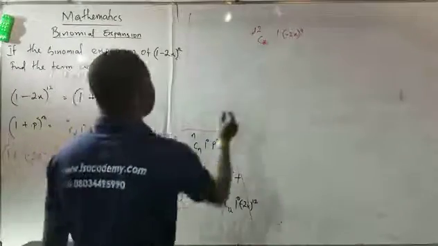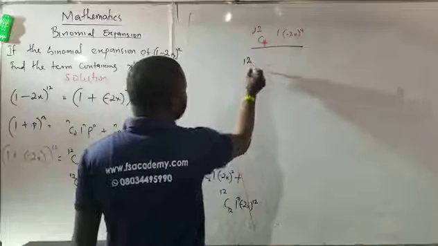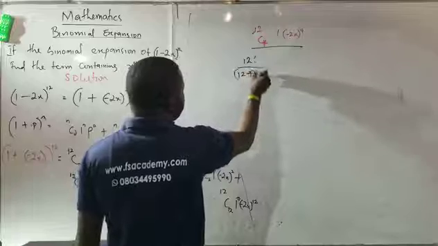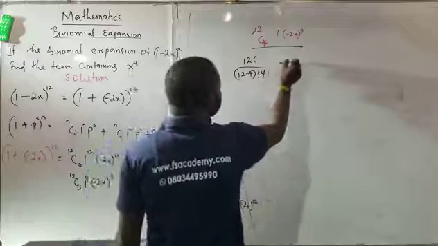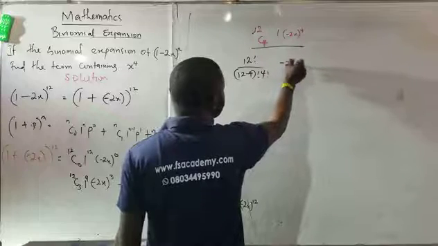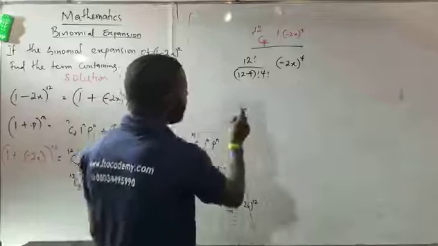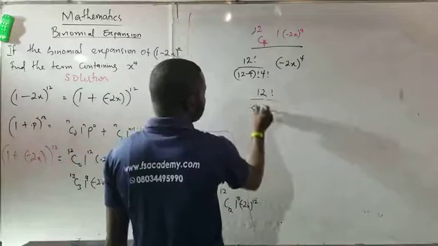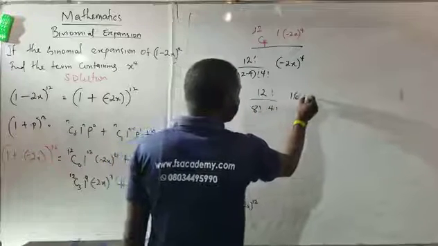It means the term we are talking about is this term. Now, it means I will have 12 factorial divided by (12 minus 4) factorial times 4 factorial, and this will be (minus 2x) raised to power 4. Now, at this junction, I'll be having 12 factorial divided by 8 factorial and 4 factorial, and here will be 16x raised to power 4.